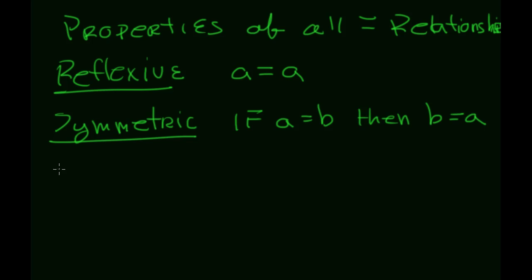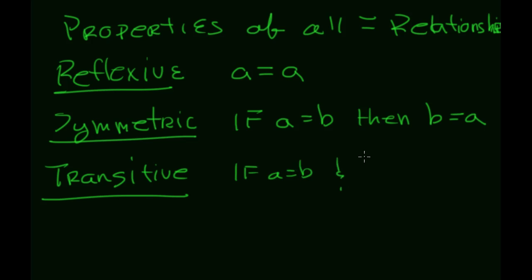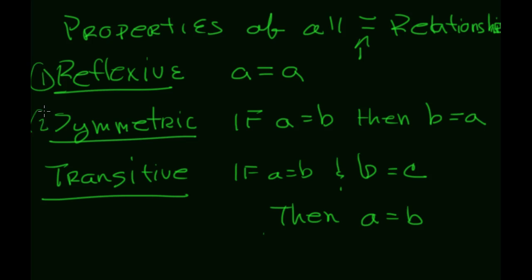And finally, there's the transitive property, which says if A is equal to B and B is equal to C, then logically A is equal to C. So if we have some sort of relationship that has a sense of equivalence, all three of these, the reflexive, the symmetric, and the transitive property, need to be true.